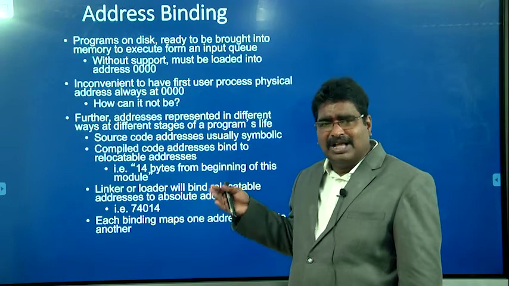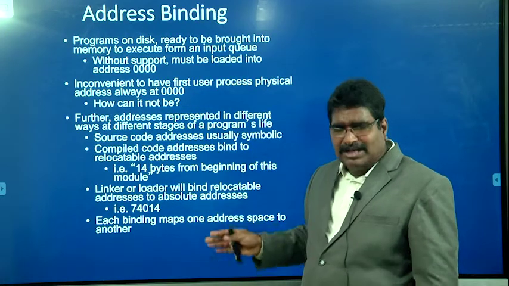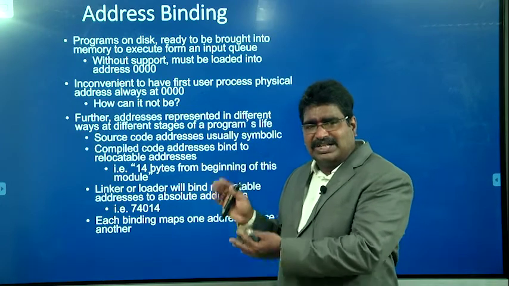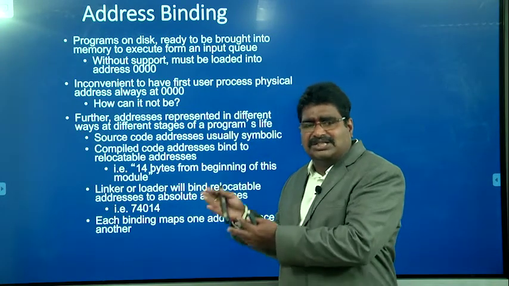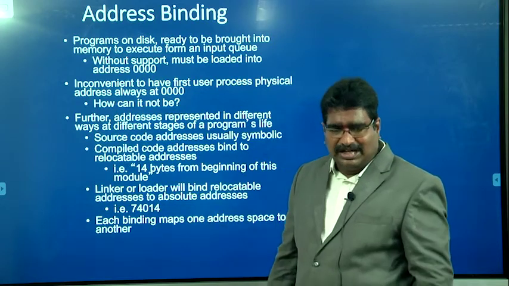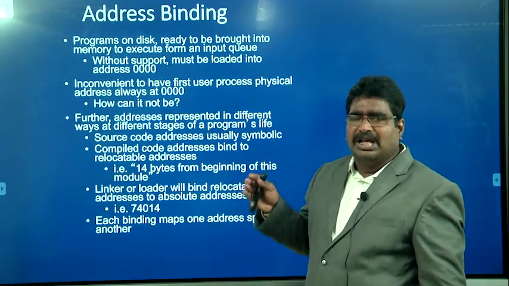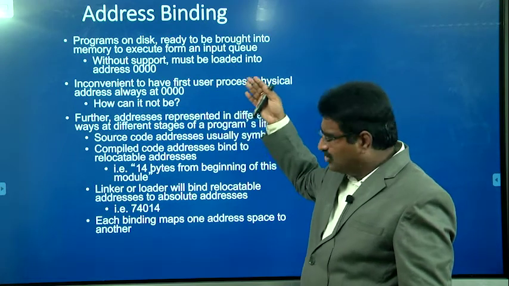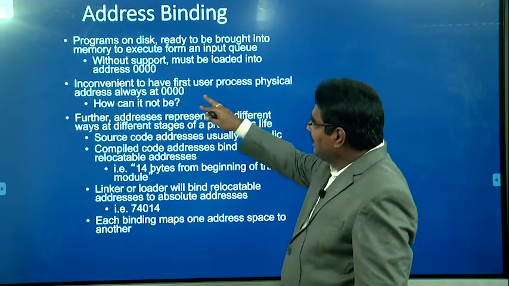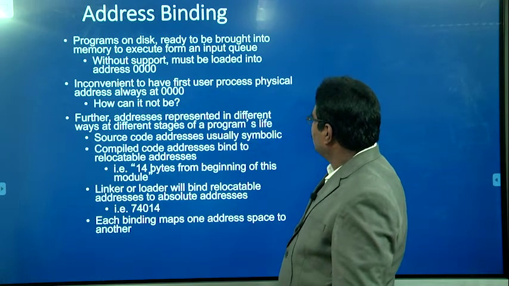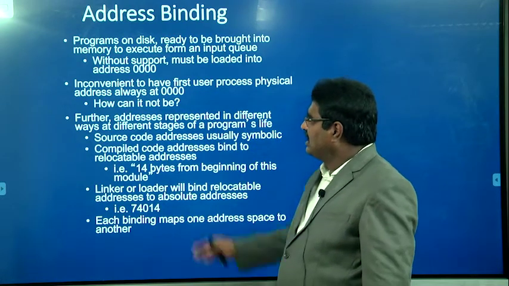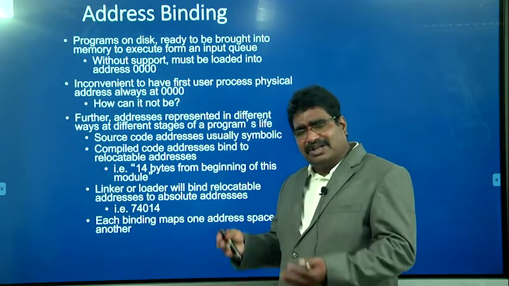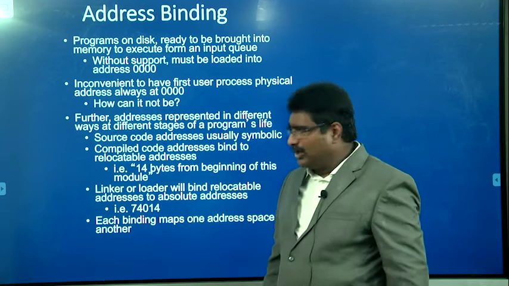It is not possible, because in the total primary memory some portion is allocated to the operating system and the remaining portion is the user space, which is allocated to the different processes. So it is not possible for every process to be loaded at address 0000. It is inconvenient to have the first user process's physical address always set at the beginning of the primary memory.